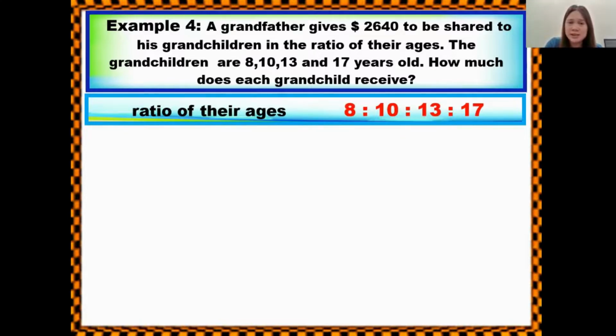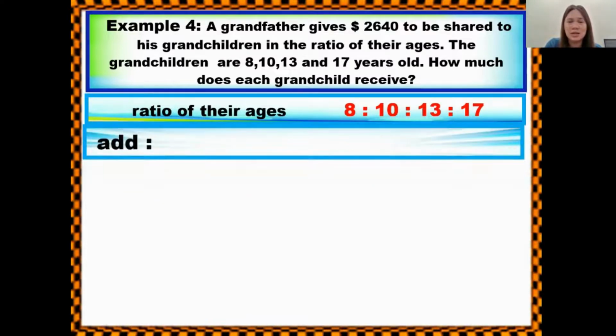And we follow the same steps. And step number 1, yes, we are going to add all the numbers in the ratio, which is 8 plus 10 plus 13 plus 17 will give us a total of 48, correct? And after we add, yes, we are going to divide the amount, which is 2,640.